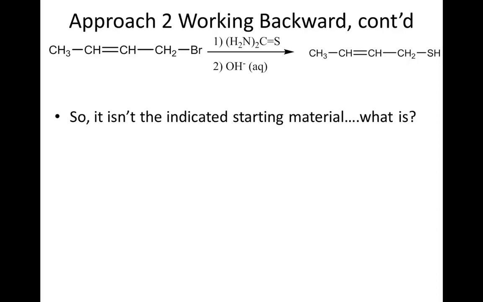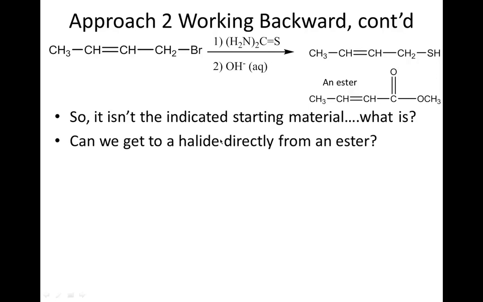We have to think about how we get something to here. And so this was the starting material that we have to start with. So how can we think about this molecule and getting to here from something that's got a closer relationship to the ester? And so the answer to that question was no.